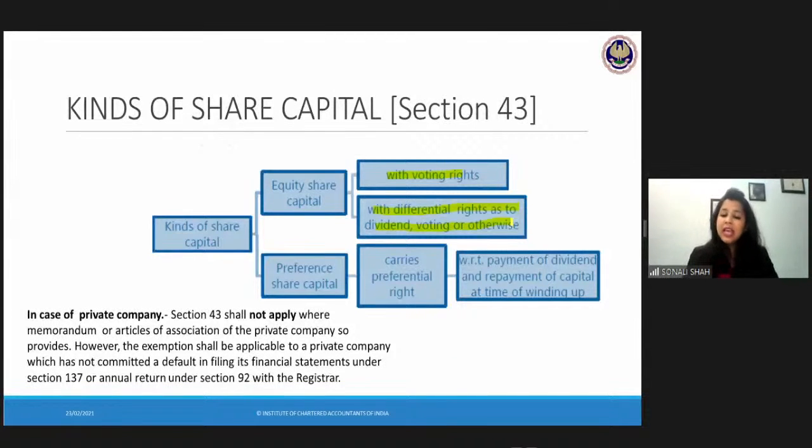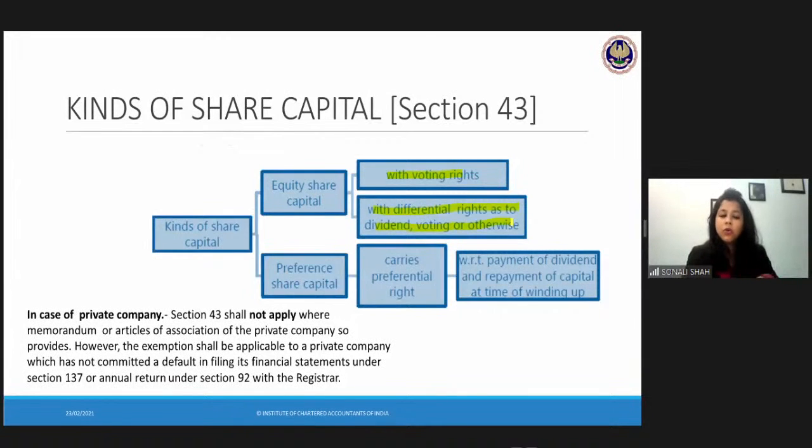So there is preference in respect of payment of dividend, and also when the company goes into winding up, it is the preference shareholders who are first paid their capital, and then whatever is left behind is divided amongst the people with equity share capital, right? This is how the preference share capital and the equity share capital function.